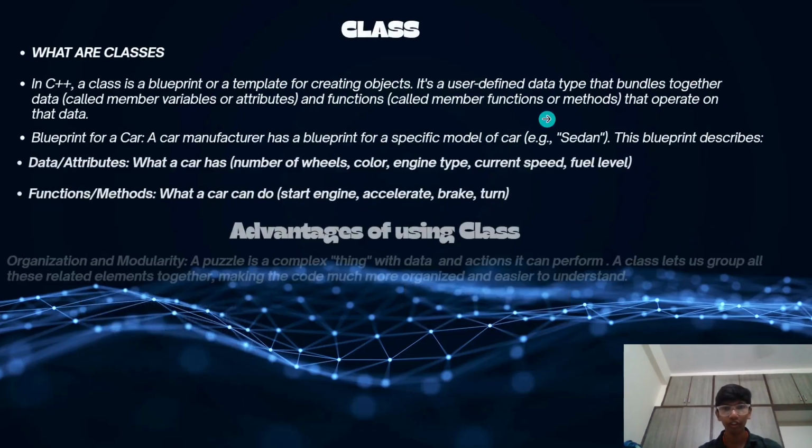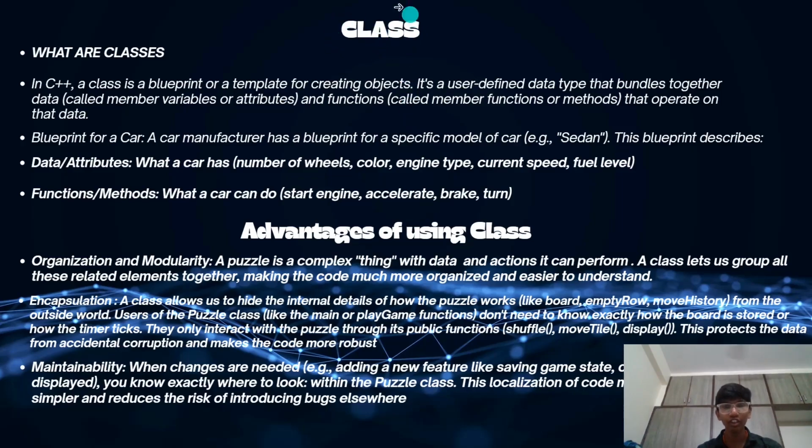Okay, now next. First, I will introduce what classes are. You can imagine a class is like a blueprint or a template for creating objects. It is a user-defined data type, and it bundles all the data members and the functions in one place so that they can be used directly from that place. Think of a class like a blueprint of a car.